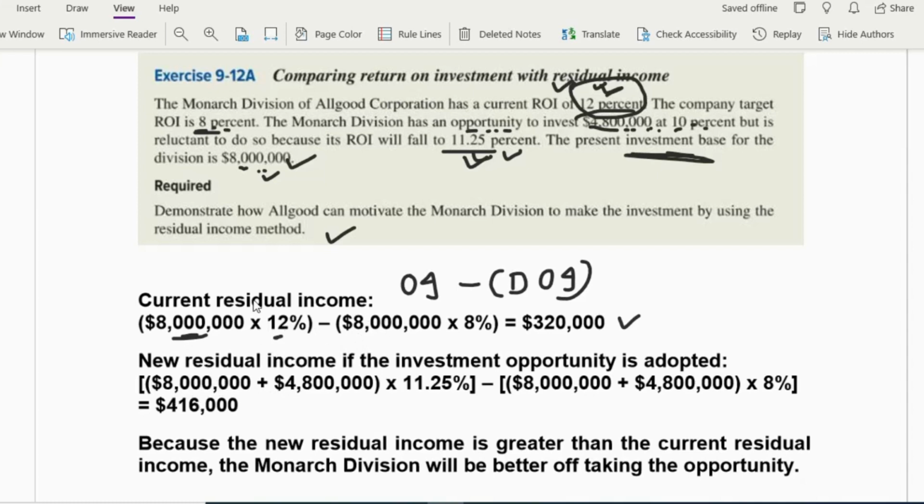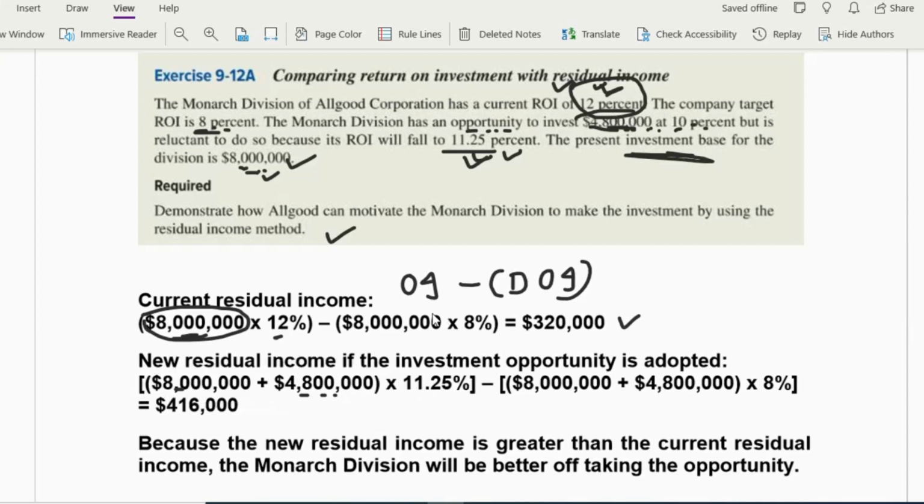Now with this investment, my assets are no more going to be 8 million. They will increase because I'm investing more, 4,800,000, right? So my total assets will become 8 million plus 4,800,000, that will be 12,800,000, multiplied by the rate. So I just changed the operating assets to the new operating assets together. Okay, and also my return will decrease to 11.25%.